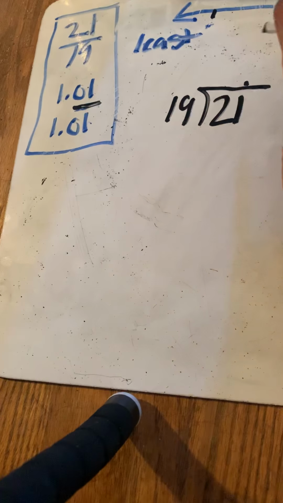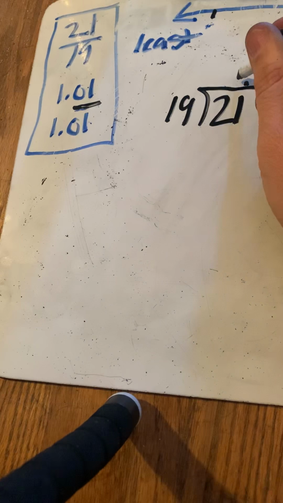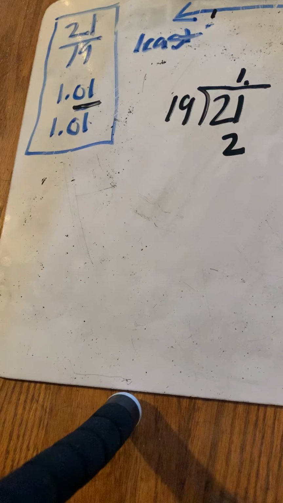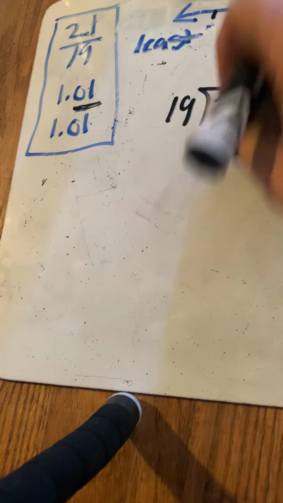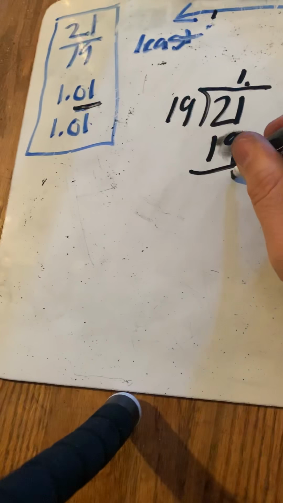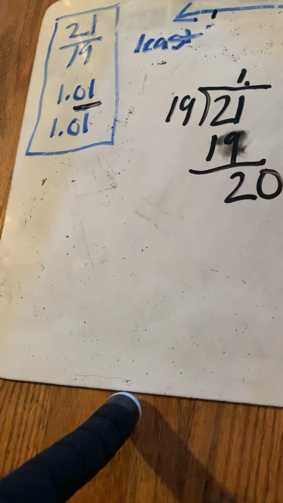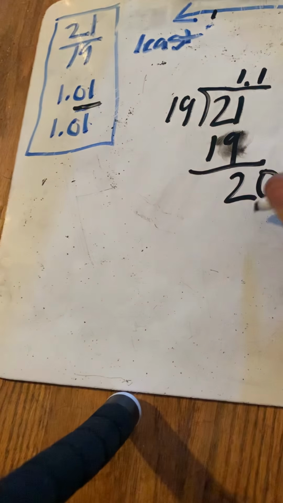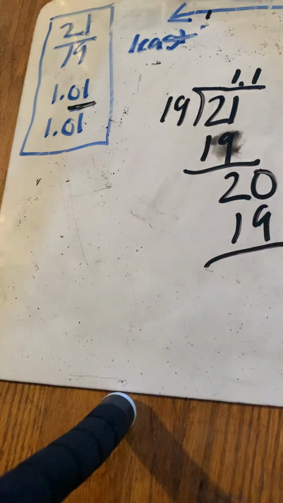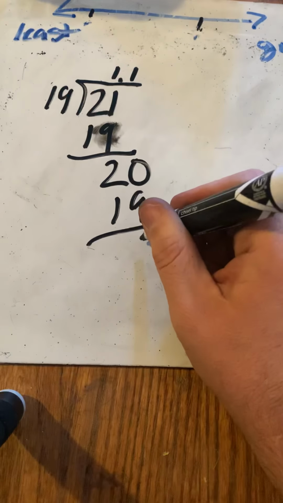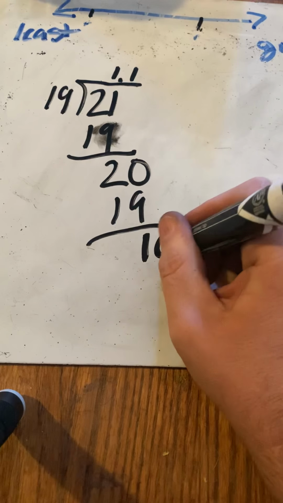Let's see, one time, right? 19 is smaller than 21, and it's 2 smaller. 21 minus 19 is 2. Carry down the 0. 19 still goes into 21 one time. And then 20 minus 19 is 1.